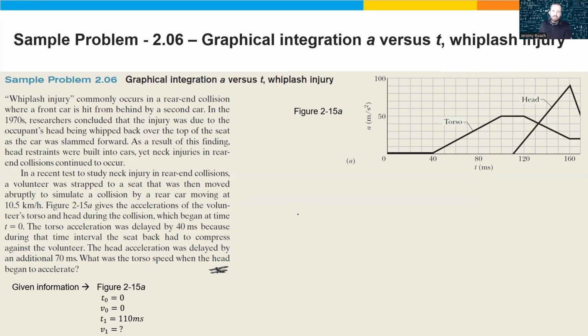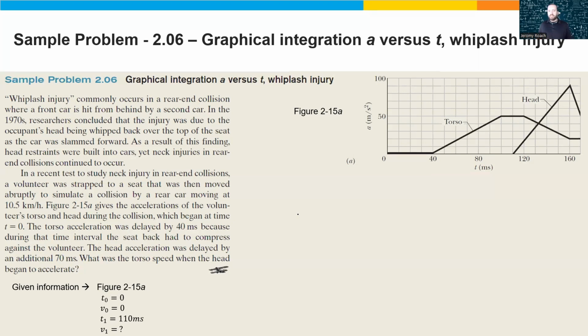In the 1970s, researchers found that the injury was due to the person's head being whipped back over the top of the seat as the car was going forward very fast. So we built head restraints on cars now to prevent neck injuries when rear-end collisions happen.